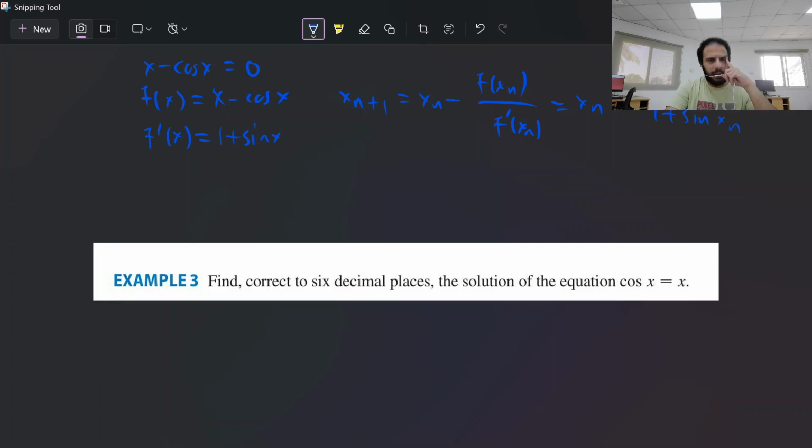Then how to do it? Do you remember the intermediate value theorem? I told you about the intermediate value theorem before in this lecture.